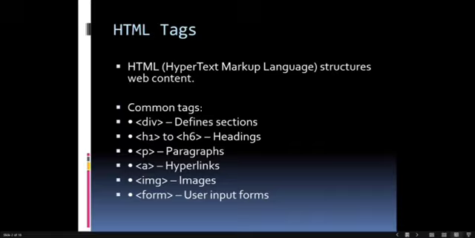HTML or Hypertext Markup Language is the foundation of every website. It defines the structure and content of web pages. It does not decide how things look, but it decides what appears where. In HomelyHub, HTML was used to build the skeleton for every page. The home page uses header, nav, and section tags to organize the top bar, menu, and property listings.